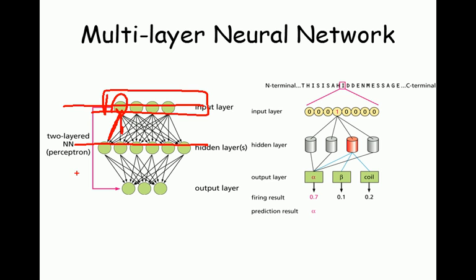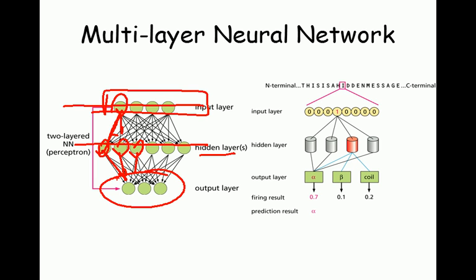Those are fed into a hidden layer. Each of these is a single neuron. They take their input, they have weights, the inputs are multiplied by the weights, and then an activation function is applied, and they generate their own output. The outputs of those are combined at the next level, and so on.